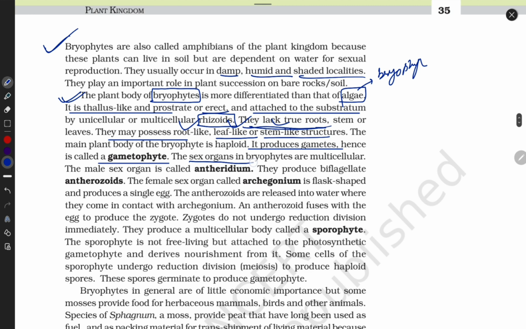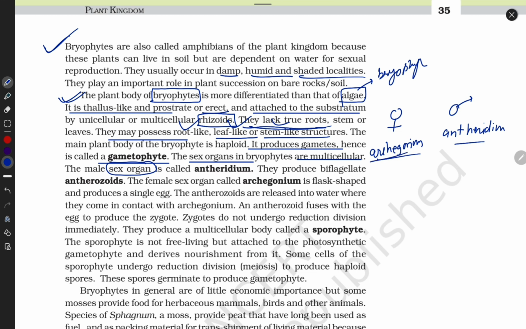The sex organs in bryophytes are multicellular. Sex organs are present, which means the female has a female sex organ and the male has a male sex organ. The name of the male sex organ is the antheridium, and the name of the female sex organ is the archegonium.